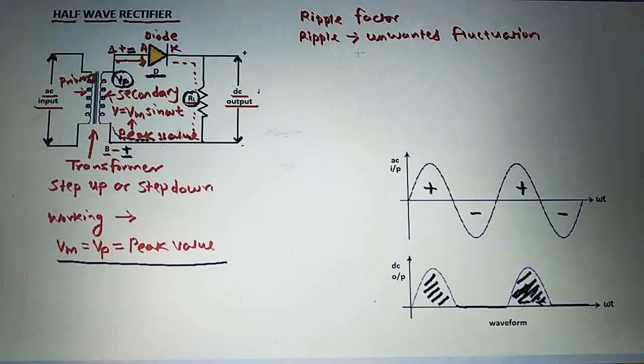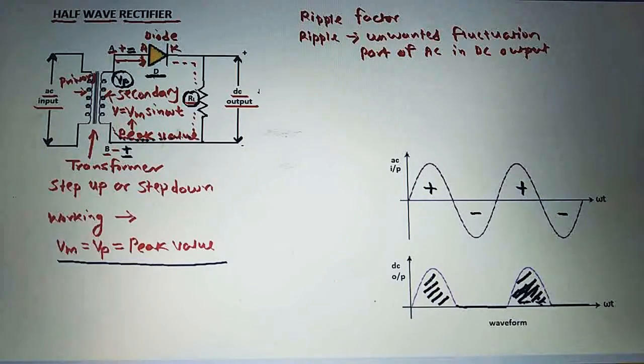That means ripple is what? It is the part of AC in a DC output of a rectifier.